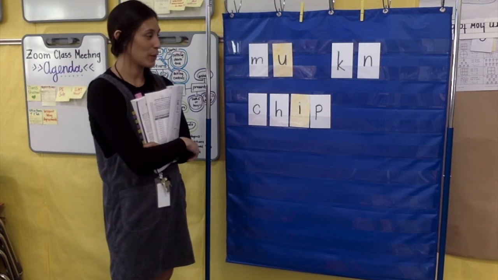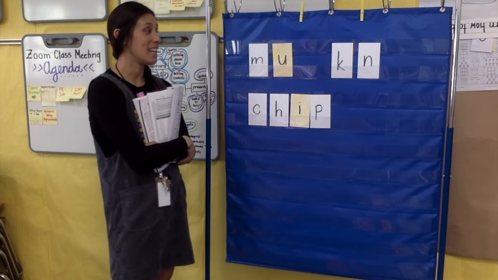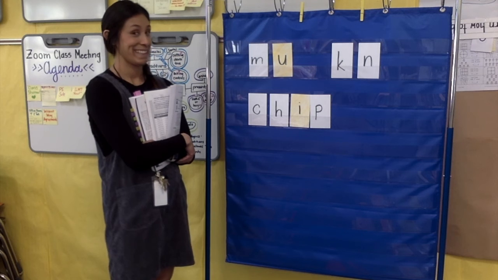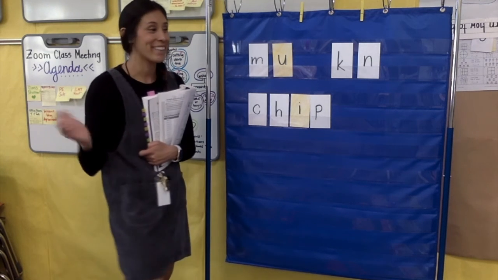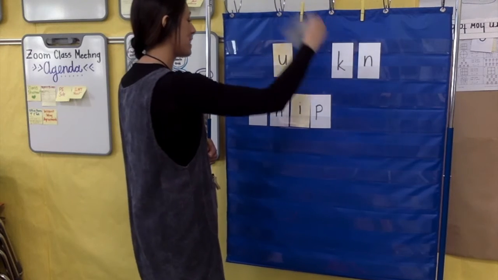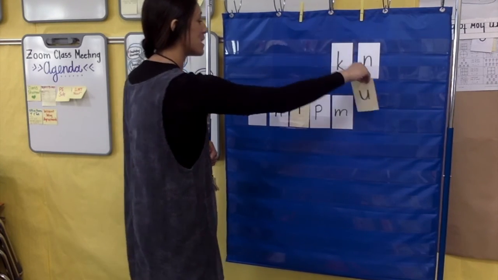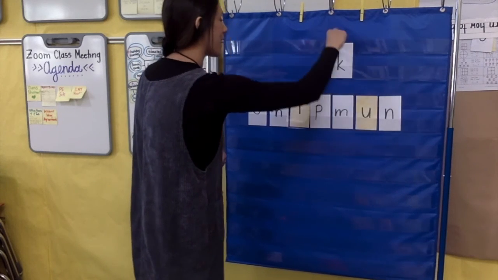Here's the last clue. The secret word this week is the name of an animal. Did anyone get it? Okay. If you didn't, and if you did, double check my work. But if you didn't, see if you can read this.